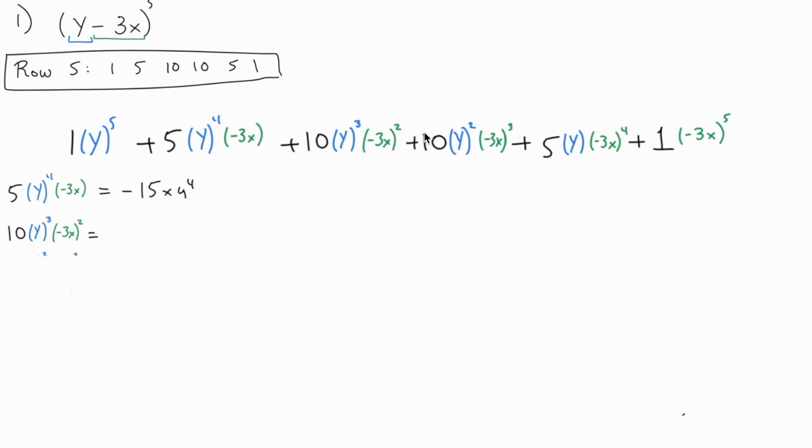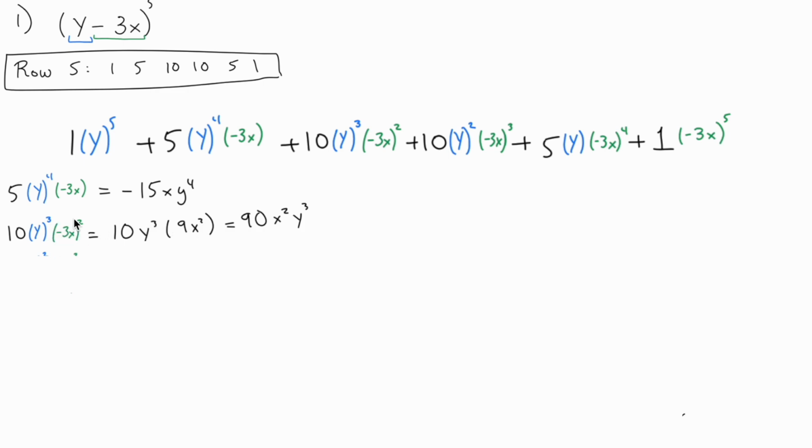A mistake-o, be careful. Because here I have negative 3x squared. And what is negative 3x squared? Negative 3 squared, o sea, negative 3 times negative 3 is 9. Positive 9. So this is 10 times y cubed times 9 x squared. Oof, be careful here.